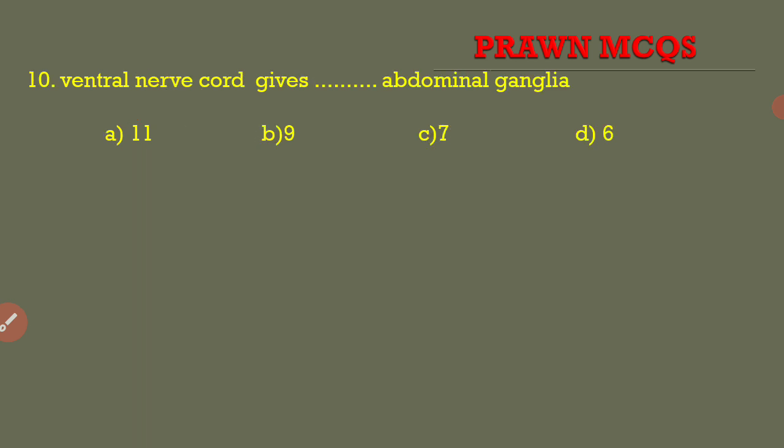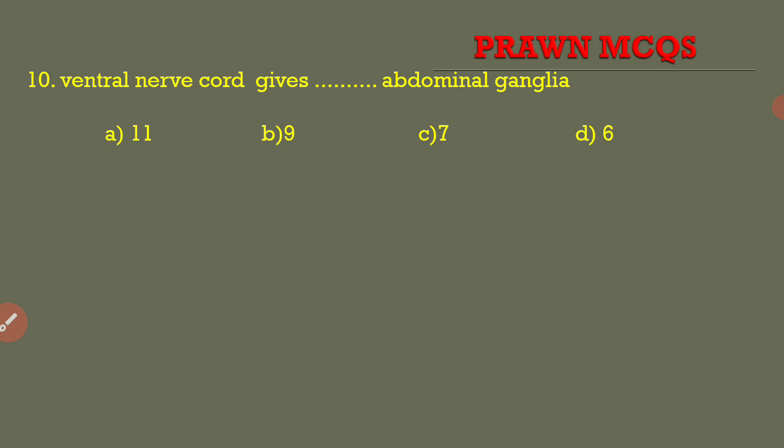And last one, MCQ for this video: ventral nerve cord gives how many abdominal ganglia? The ventral nerve cord arises mid-ventrally in the body. From that ventral nerve cord, how many abdominal ganglia arise?